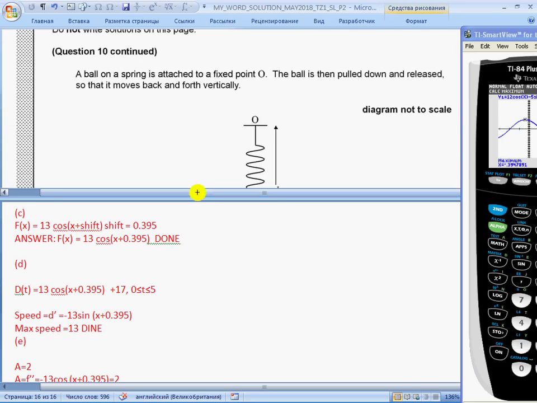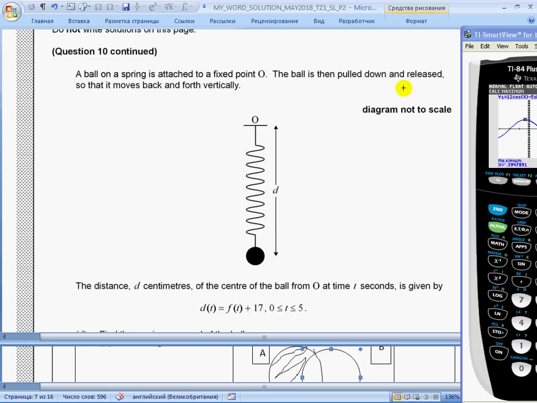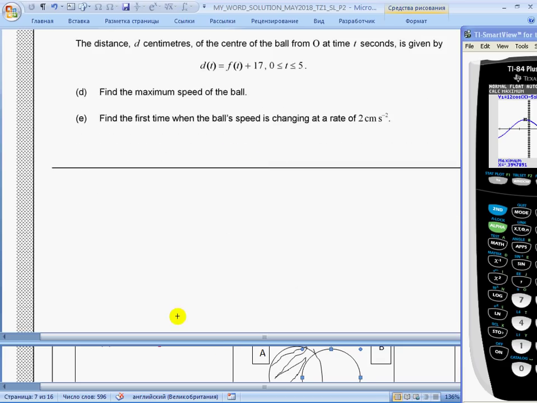A ball on a spring is attached, pulled down and released. This is the distance of the ball. Find the maximum speed. Okay, so let's see.